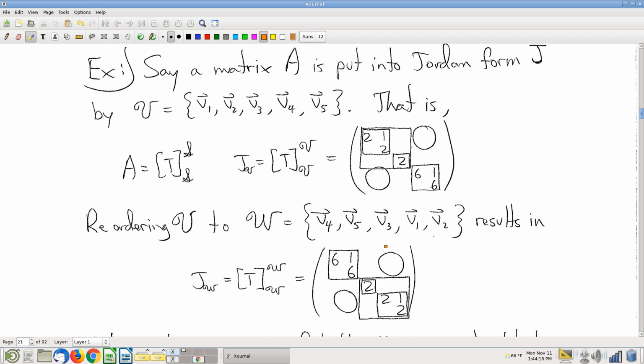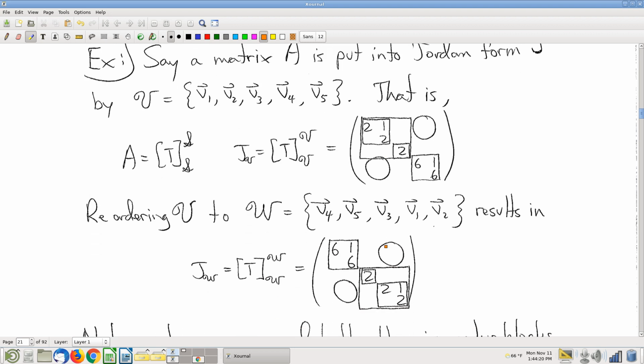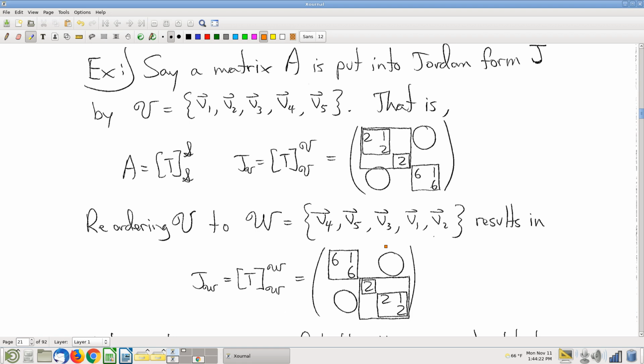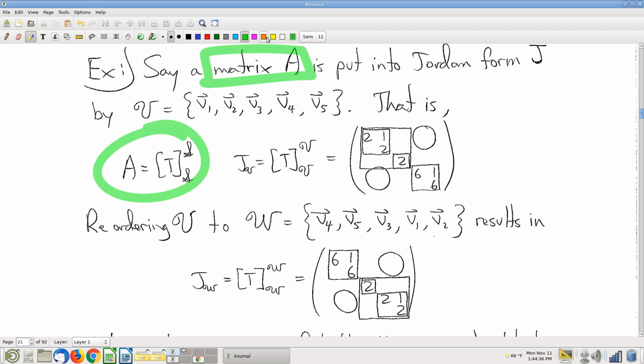So here we go. There's a bunch of details involved in this little demonstration, so bear with me. Okay, so we've got some matrix. And keep in mind, matrices represent linear transformations. So there's some underlying linear transformation, T, that we're talking about here.